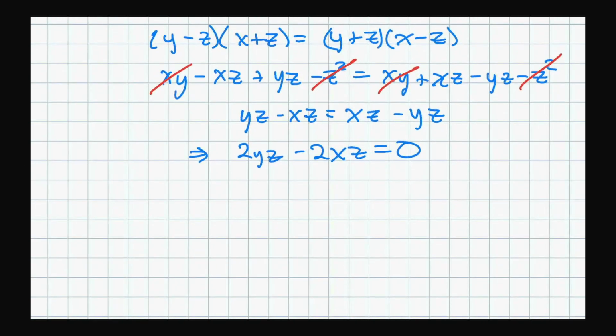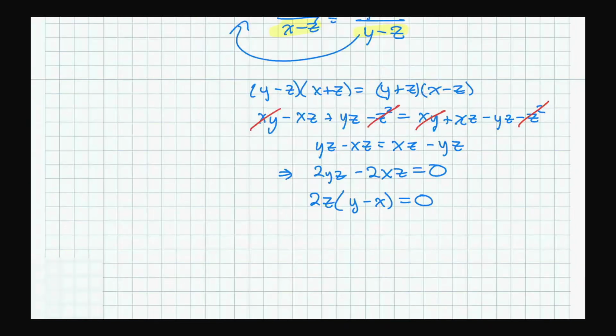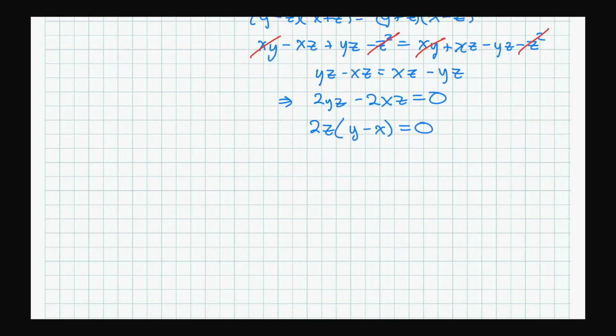From there, you can factor out a 2z and get y minus x equals 0. Now, that was a lot of work, but we actually got somewhere because this tells you two things. This is a good result. This says either z equals 0 or y minus x equals 0. And what you have to do is consider both possibilities.